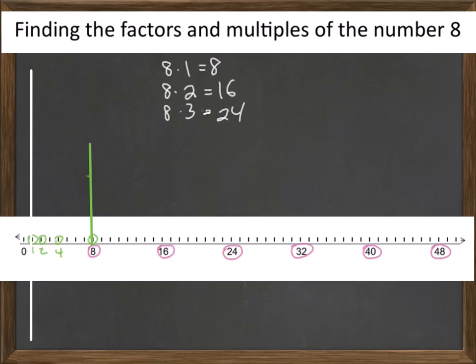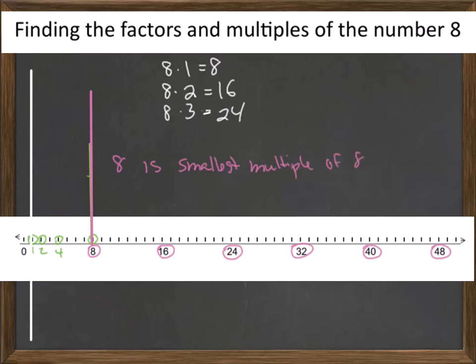All right, so now let's think about multiples. So remember, the smallest multiple is the number itself, right? So again, 8 is the smallest multiple of 8. But what is the largest multiple of 8?